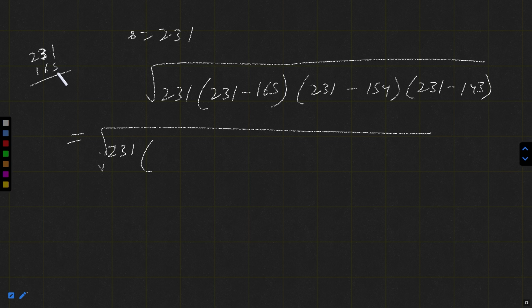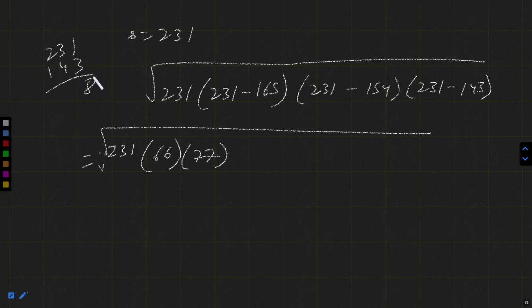It is 66 here. For this one it is 77. And for 231 minus 143, it is 88.